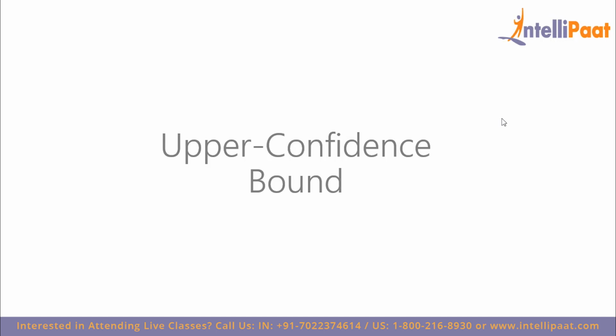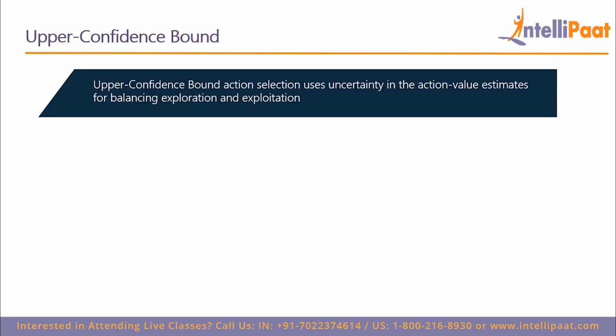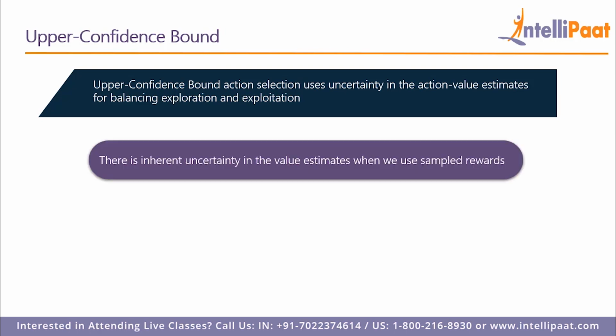So now let's move on and discuss the third approach for balancing exploration and exploitation, which is called the upper confidence bound action selection. The upper confidence bound action selection uses the uncertainty in the estimates to drive exploration. Since we are estimating our action values from a sampled set of rewards and not the whole population of the rewards, there is always an inherent uncertainty in the accuracy of our estimates.